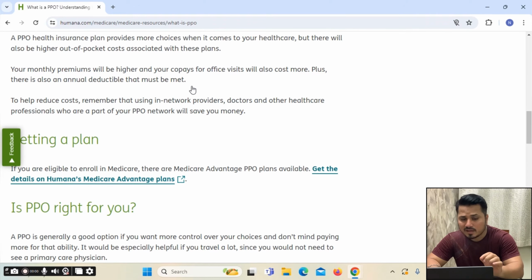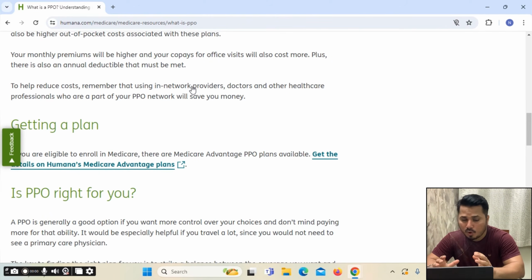Plus, there is also an annual deductible that must be met. To help reduce costs, remember that using in-network providers, doctors, and other healthcare professionals who are a part of your PPO network will save you money.